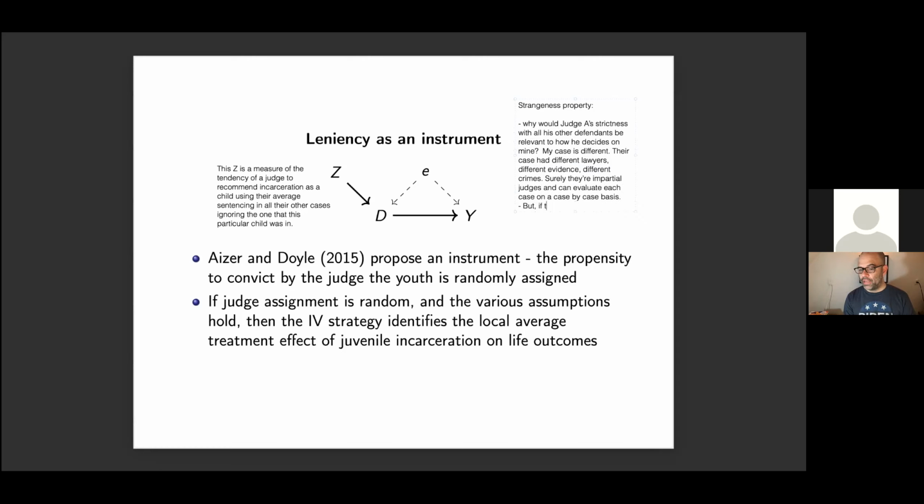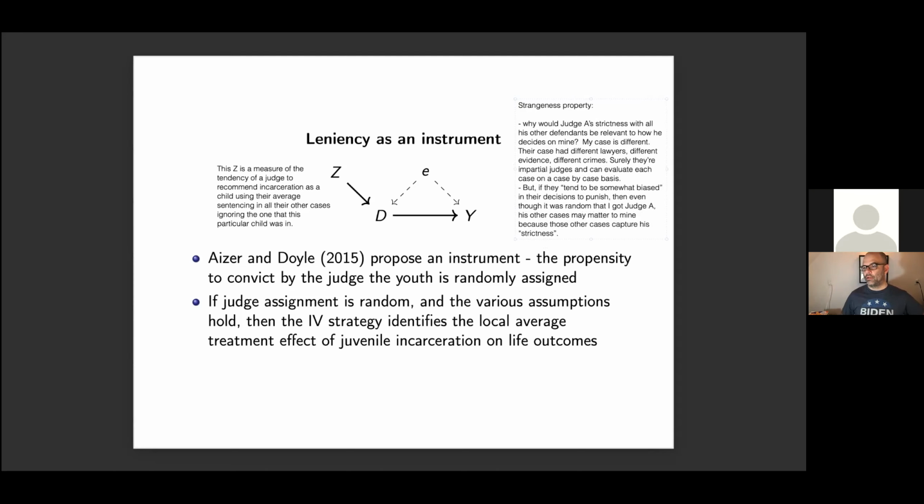But if they tend to be somewhat biased in their decisions to punish, then even though it was random that I got Judge A, his other cases may matter to mine because those other cases capture his strictness.